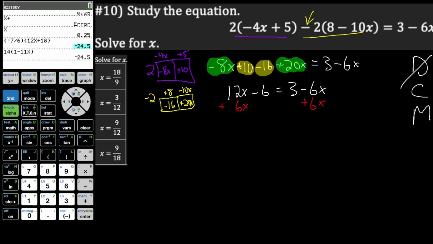And so we're going to say we have 18x minus 6 equals 3. Add 6 to both sides.